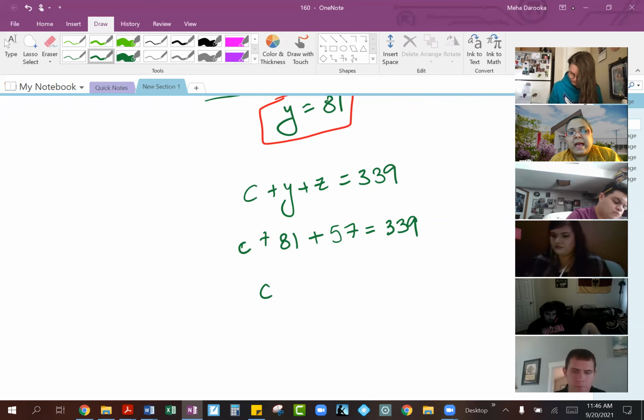So, do the math, get the c by itself like we did with the other equations. And when you have your answer ready, let me know. Are we putting it in the chat? Yeah.